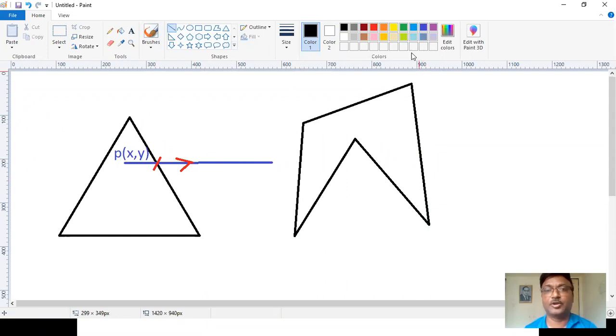I have to check whether this point is inside or outside the polygon, so I stretch a line from this point to this one. See the number of intersections: 1, 2, 3. So 3 is an odd number, so that point is inside the polygon.